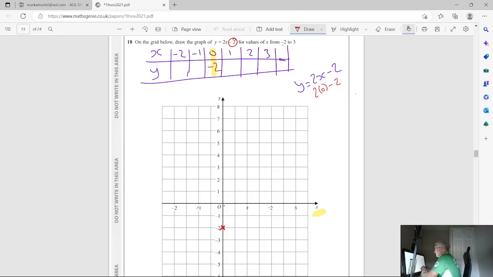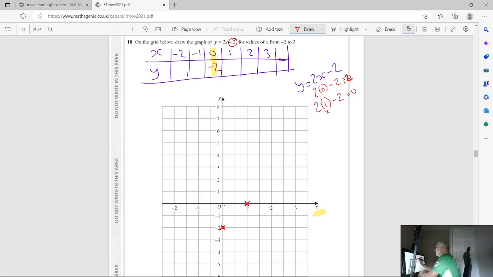So we can plot that point. The next one, always go up to the positive so we can see a pattern then. So what about when x equals 1? Well, 2 times 1 is 2. Take away 2 gives me 0. So when x equals 1, y equals 0.